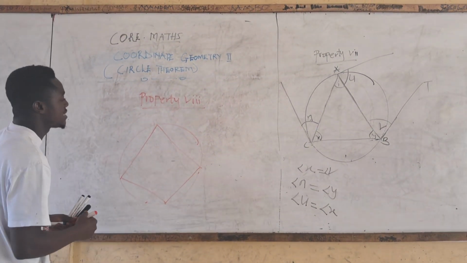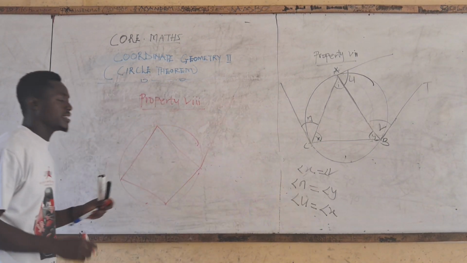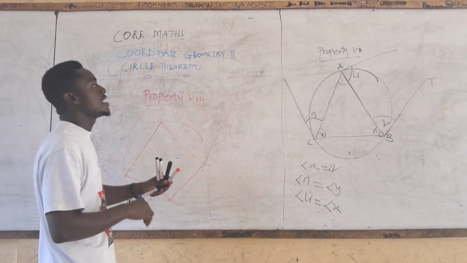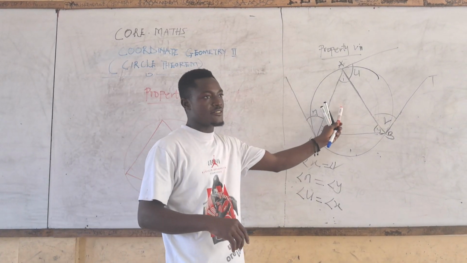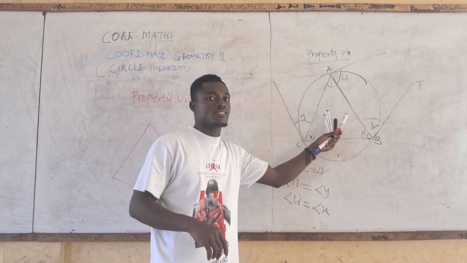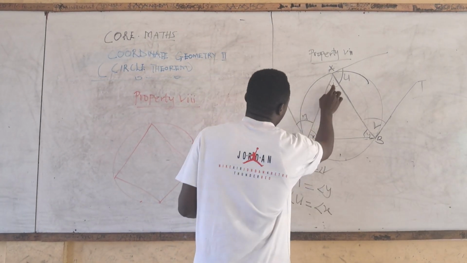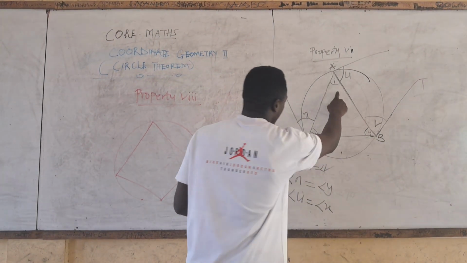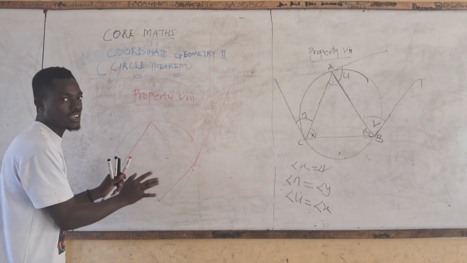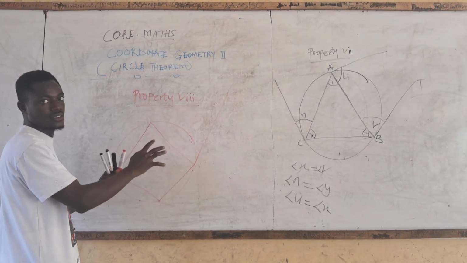What does this property say? When you have a tangent line at any point, what we did first was a three-sided figure. When you have a three-sided figure, which angle is equal to which angle within the triangle? Now this is a quadrilateral, four-sided figure.